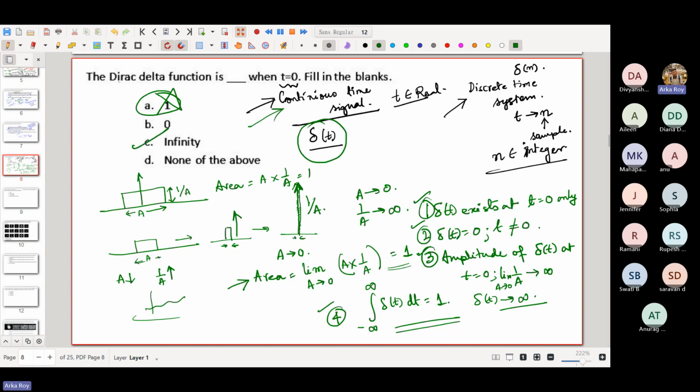So the answer is infinity, which we have already seen: the height is 1 upon a, as a tends to a very narrow value, or tending to 0. Therefore 1 by a will shoot up to infinity. That is why the Dirac delta is infinite when t equals 0. So that is the main reason.